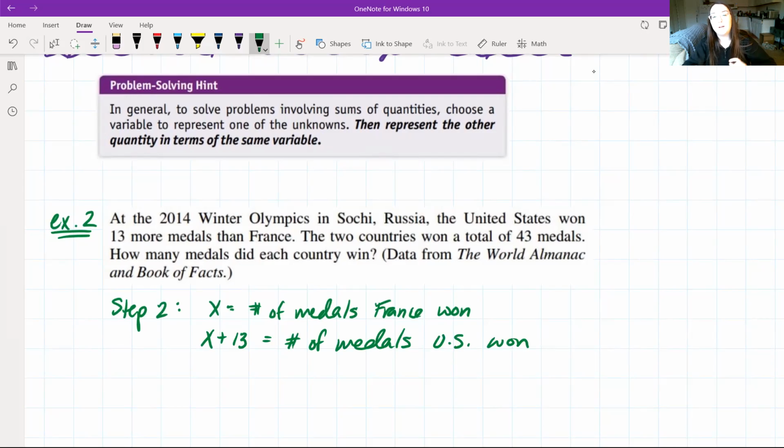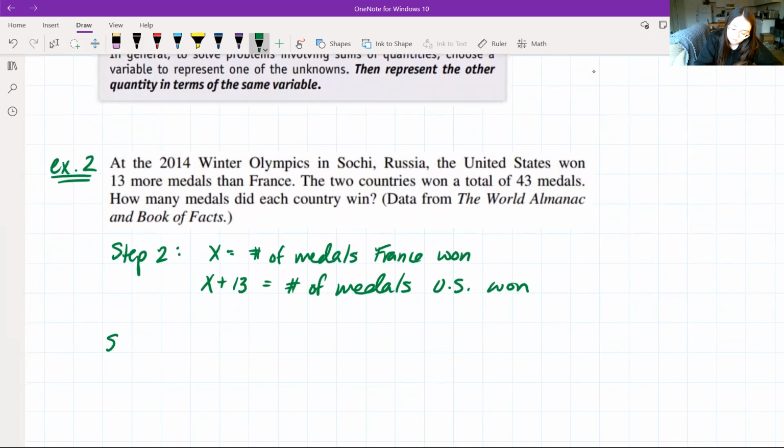So we have our two unknowns. We have the number of medals that France won, and we have the number of medals that the US won. So now we want to write our equation. So with step three, we write our equation, and we know that the sum of these two unknowns is going to be equal to 43. So all we need to do is add our unknowns. Let's write it out in words first, and then we can write out our actual equation.